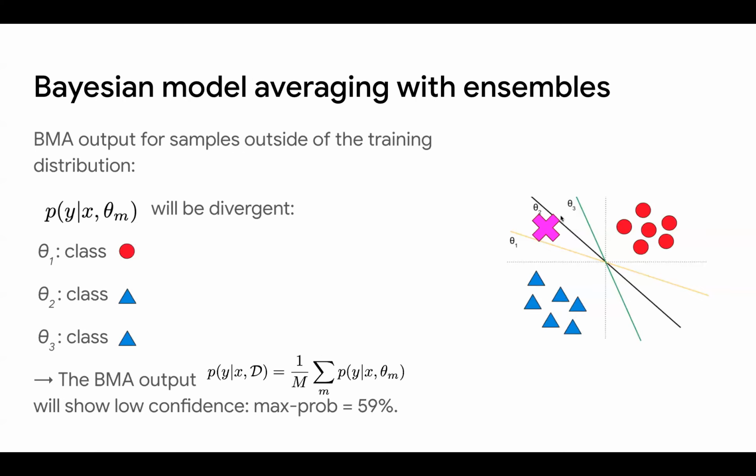But now if we consider this purple cross here, then the models will give you divergent answers. For example, theta 1 will predict class red circle, but thetas 2 and 3 will predict blue triangles. And so if you average out the outputs for this sample, then you're going to get a mixture, something closer to 50%, let's say, okay?